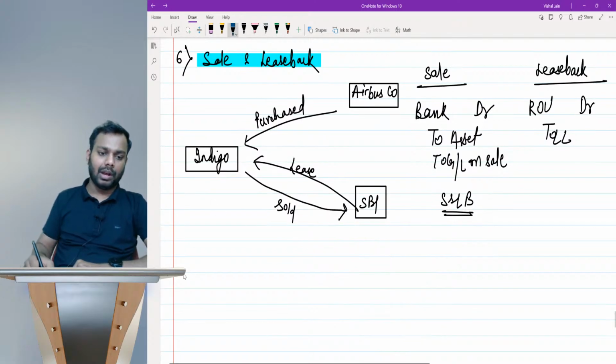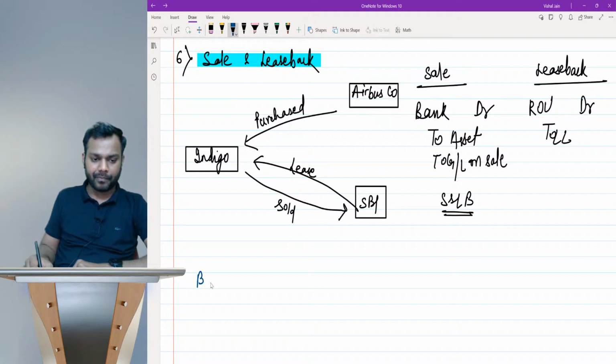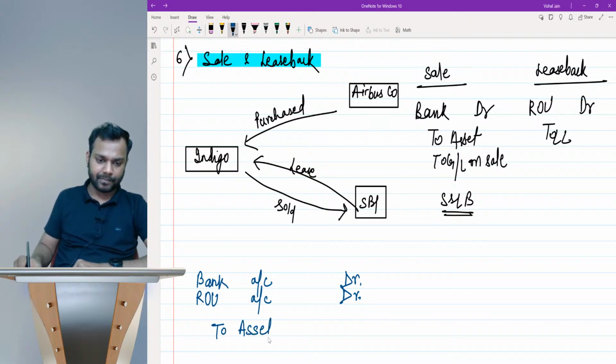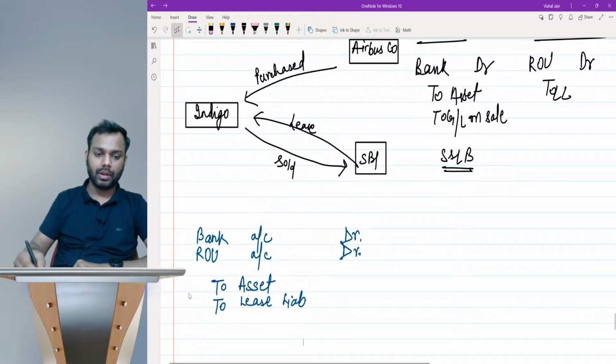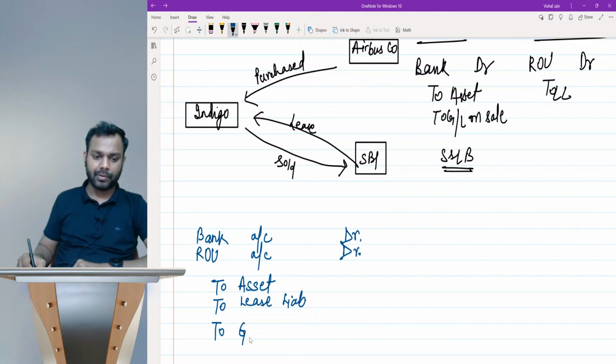So the entry will be: bank account debit, right of use asset debit, then to asset, to lease liability, then to gain on sale and lease back.